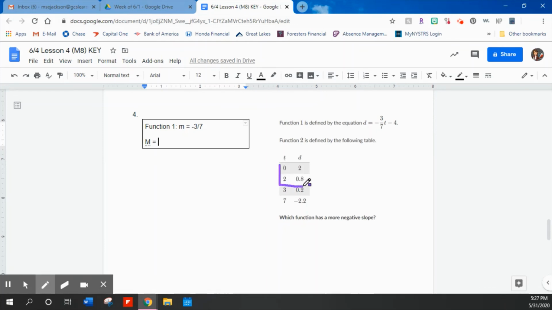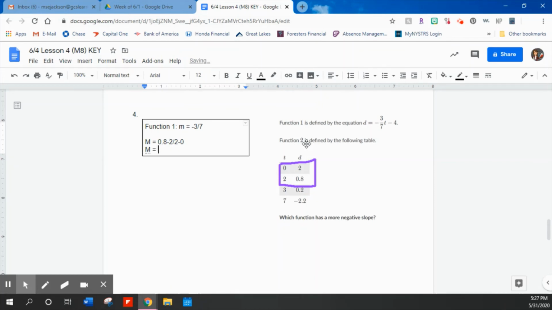I'm just going to pick these first 2 points. Okay, so my y2 value is 0.8 minus y1 all over 2 minus 0. Now I decided not to do the fraction piece here, so just be careful with that.